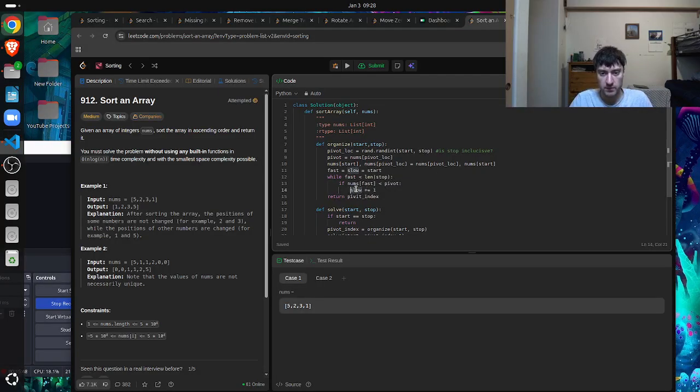If I assume that I always move fast plus equals 1, okay? If I move fast over by 1 each time, I can always perform a swap. And fast is going to be either greater or larger, right?